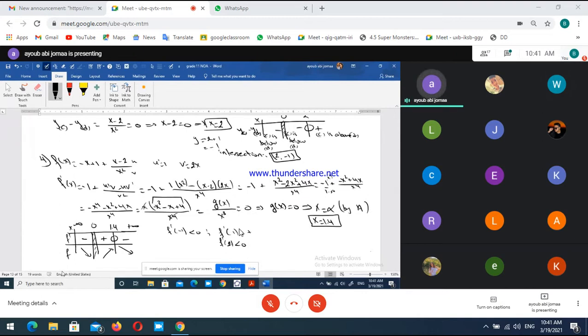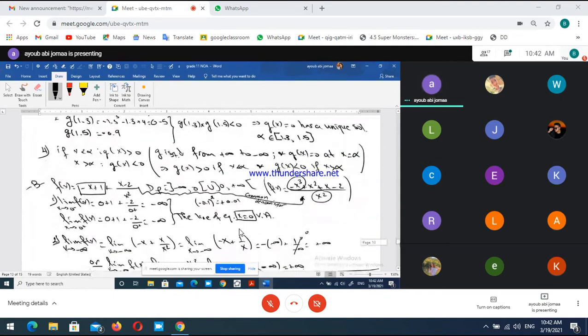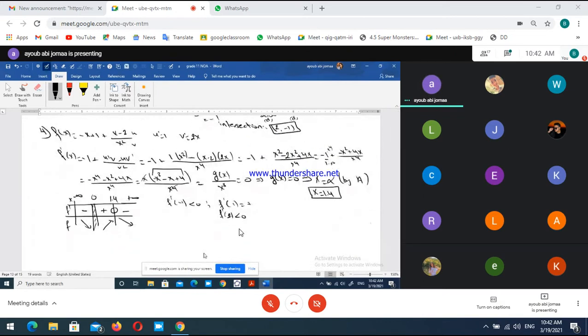Now, limit as x approaches negative infinity, from part 1 to part 2. Limit at negative infinity was positive infinity. So you write positive infinity.